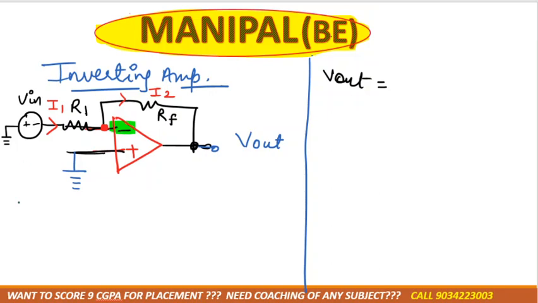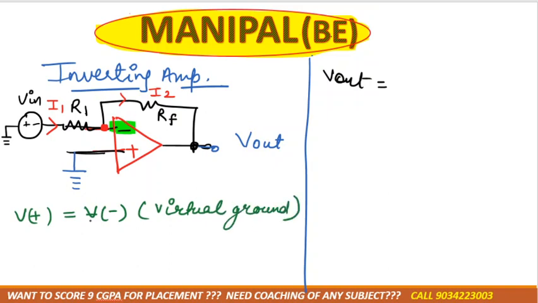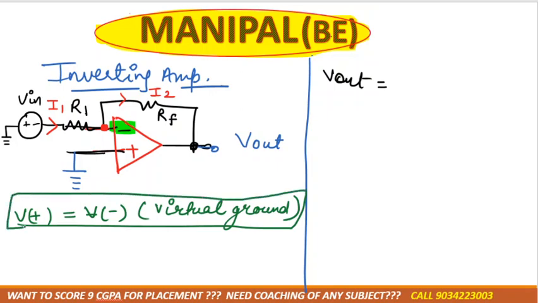Some of the things which you should know about the op-amp: the voltage at the positive terminal would always be equal to the voltage at the negative terminal. That is according to the concept of virtual ground. You don't need to learn the derivation of the virtual ground, but you should write it down in your exam that the voltage at the positive terminal is equal to the voltage at the negative terminal by virtual ground.